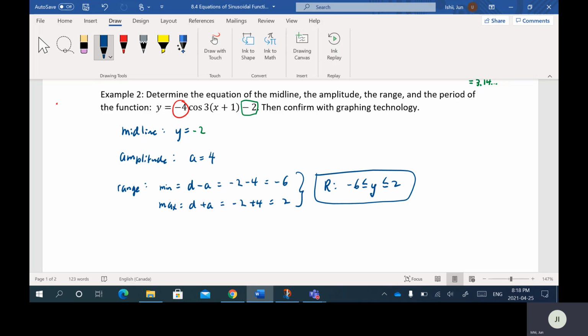All right, and the last thing we want to find is the period here. The period is always 2 pi divided by b, which is the number in front of the brackets. So in this case, 2 pi over 3. Now I can leave it like this as a fraction, or I can change it to a decimal.